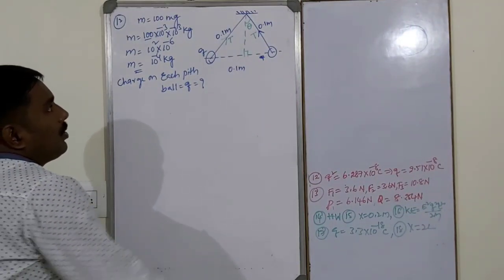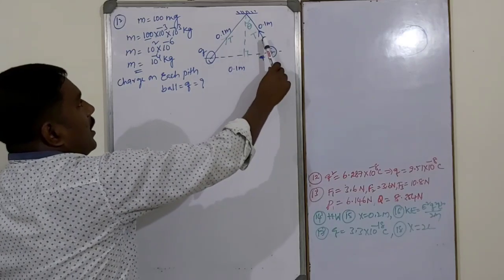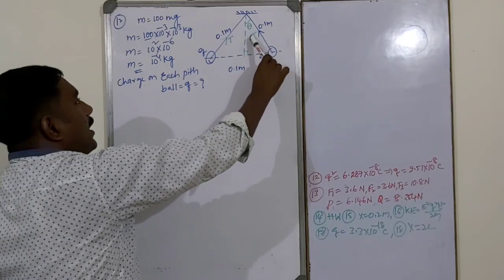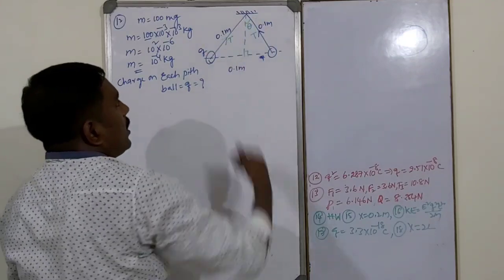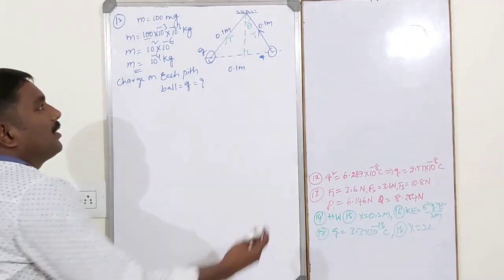Whenever the pitball is suspended by using a thread, tension will be created inside the thread, and its direction is along the thread. Then I will go for rectangular components.